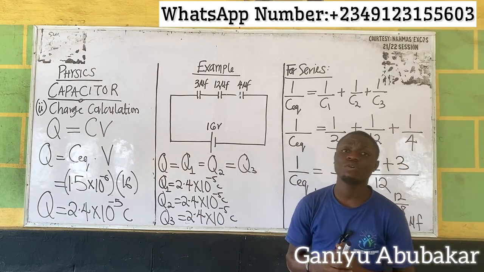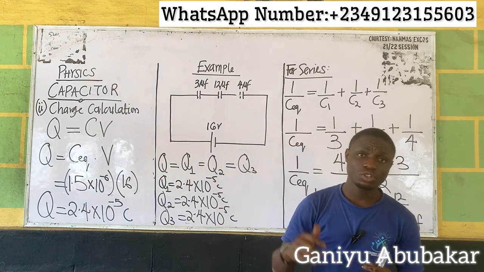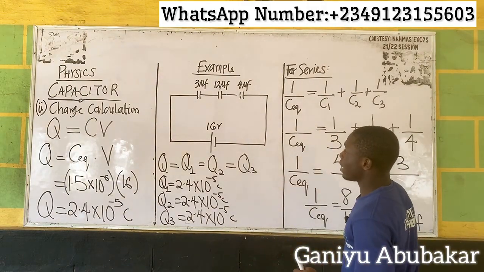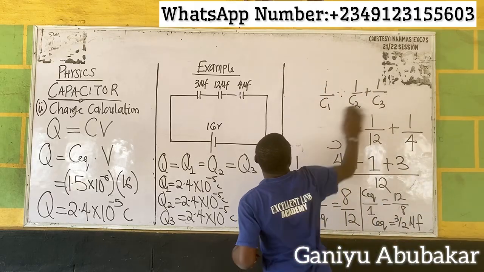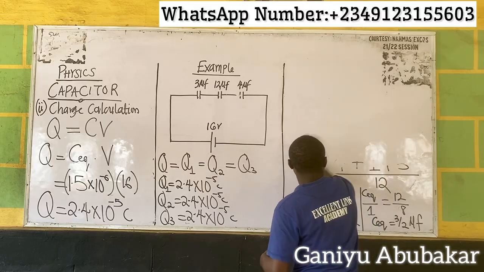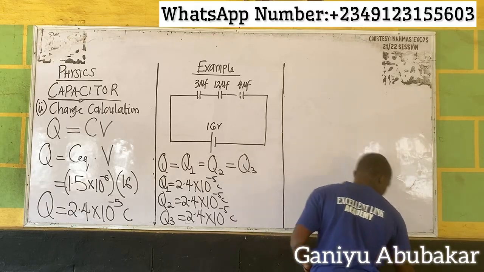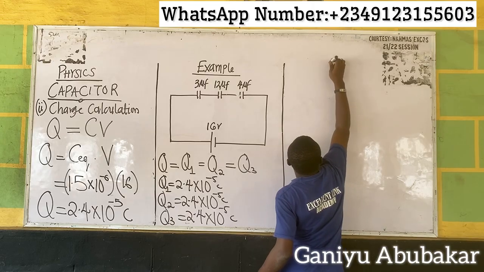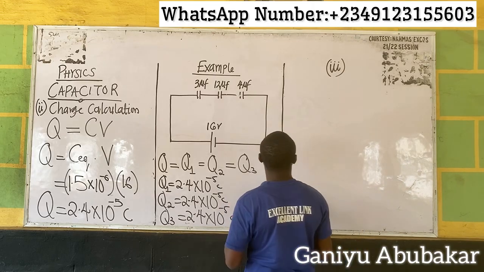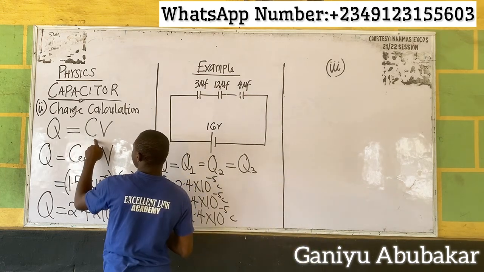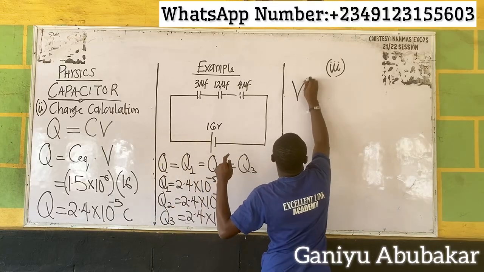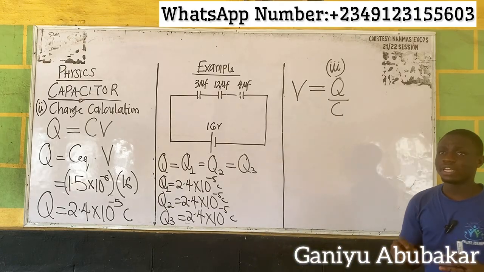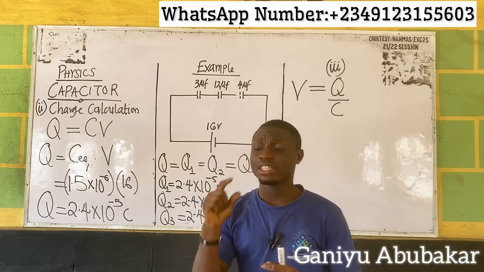The last part says calculate their potential difference. That's V. So let's get the value of V. If we said Q equals CV, and I want to make V the subject, I'll have V equal to Q over C. So I have to calculate the potential difference at each capacitor.